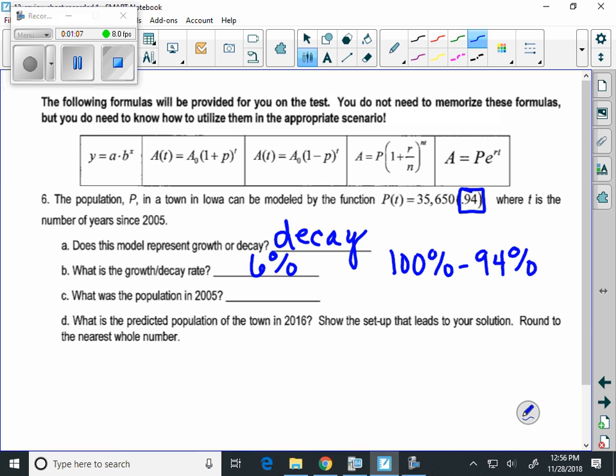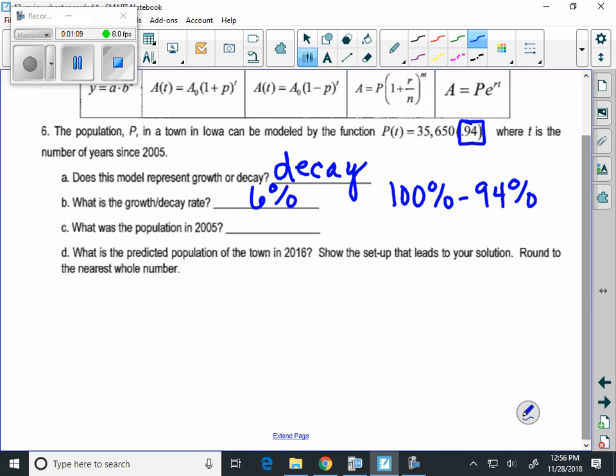The population in 2005 is 35,650. That first amount there. And then finally, what is the predicted population in 2016? Well, first of all we need to figure out what our time is. To figure out our time, we take 2016 minus 2005, and when we subtract, we get 11.